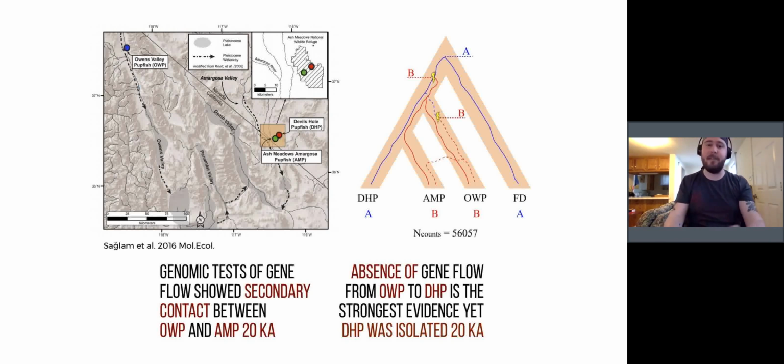So what this analysis tells us is that 20,000 years ago, there was migration from this blue species to the red species, but we could not see these migration patterns in our Devil's Hole pupfish. What this told us was that if 20,000 years ago divergence had not happened, so if this fish had not been isolated 20,000 years ago, we would have seen the signature of migration.